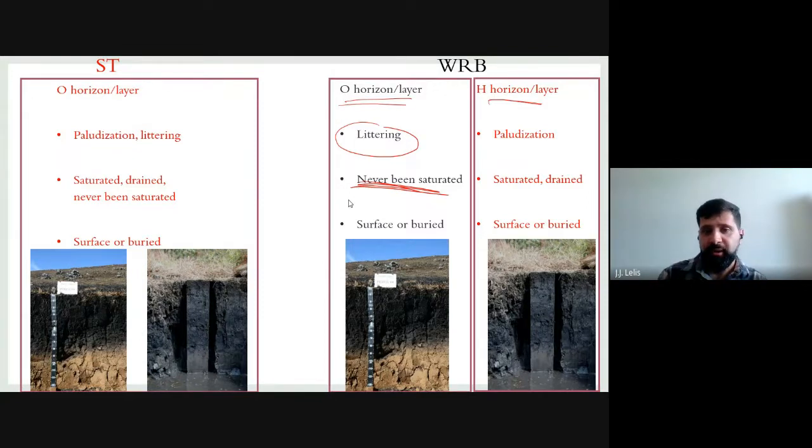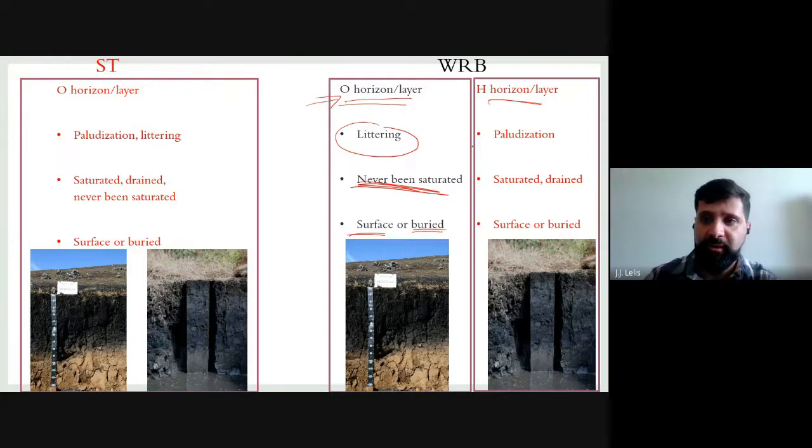If you have low temperature, but you don't have a lot of water, we don't have tidal water, we don't have stagnant conditions, you don't have gleic properties, you have only a lot of organic matter, you have an O horizon. And it could be identified at the surface or can be buried.